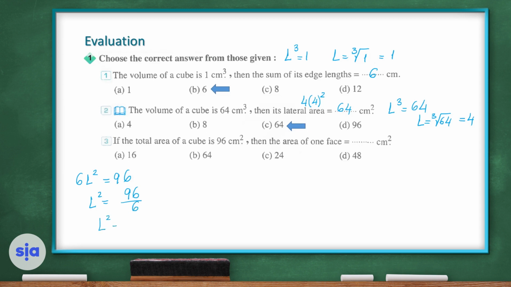So L squared equals 16, so L is the square root of 16, which is 4. But the question here is asking us to find the area of one face. So the area of one face is the area of a square. So the area of one face is 4 times 4, so it is equal to 16. Then the right answer here is choice A.